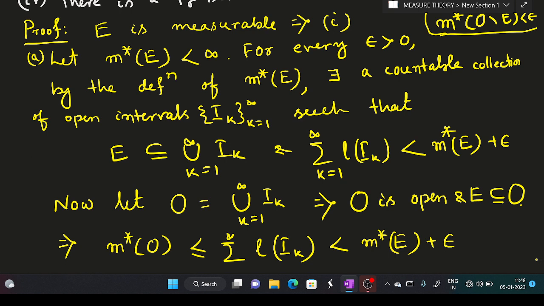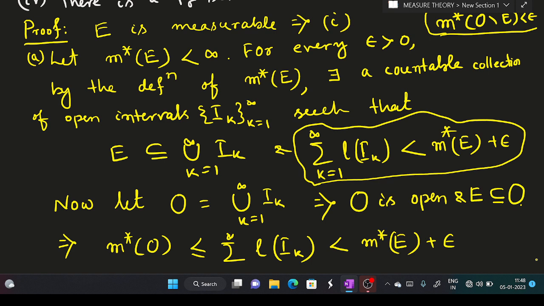So there always exists a countable collection of open intervals such that the sum of their lengths is less than or equal to the outer measure of E plus epsilon.